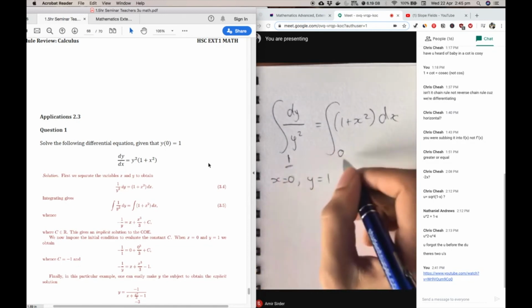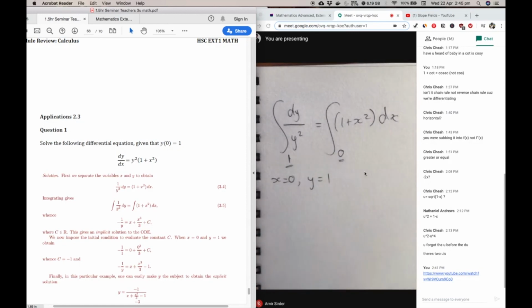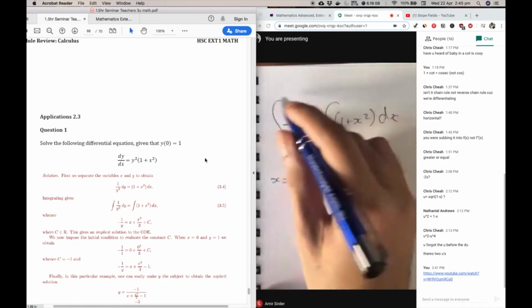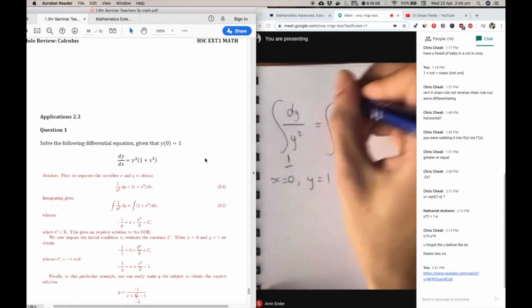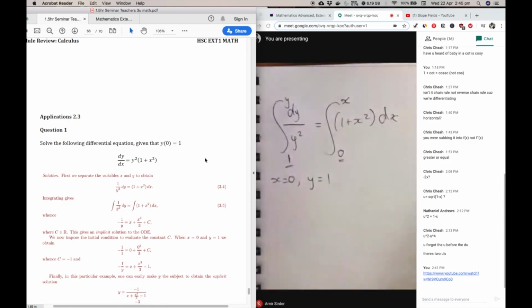When you put 1 there and put 0 there, that will automatically find c for you by converting this into a definite integral. We don't have any other initial conditions, so what we can do is just call this x and call this y. That just gives us the variables. Check with your teacher if they're happy with you doing that in school, but in the HSC, they do accept this method if you put your initial conditions at the bottom there.